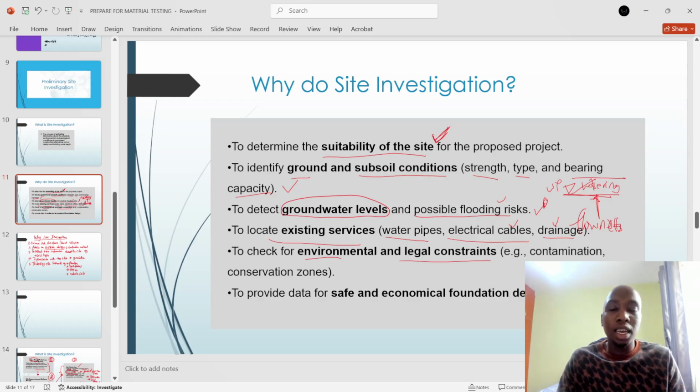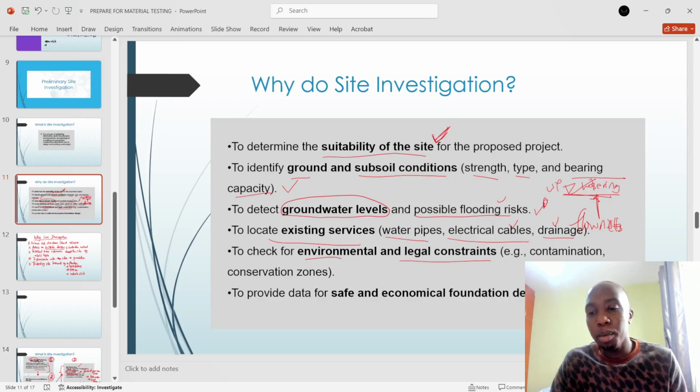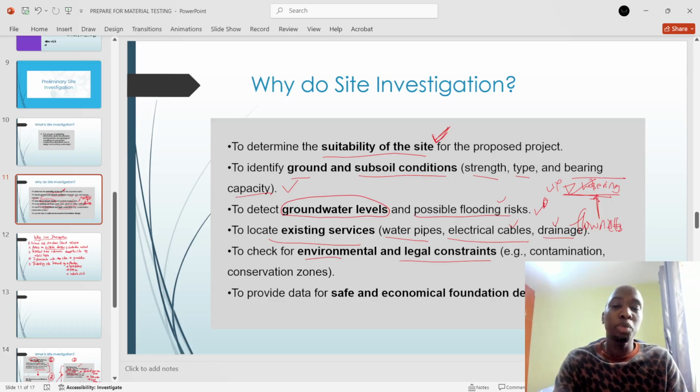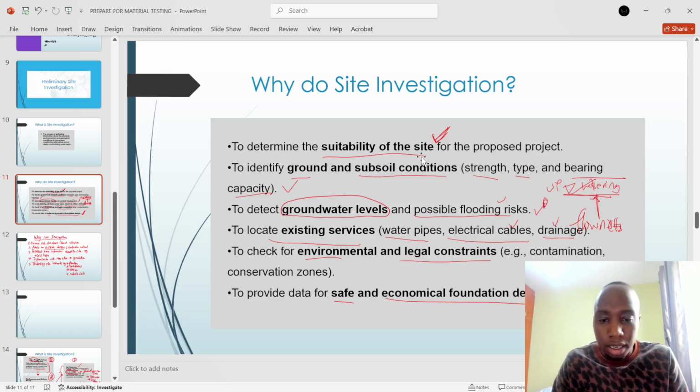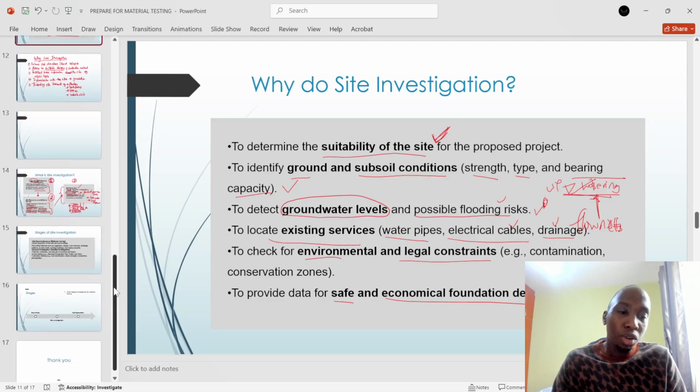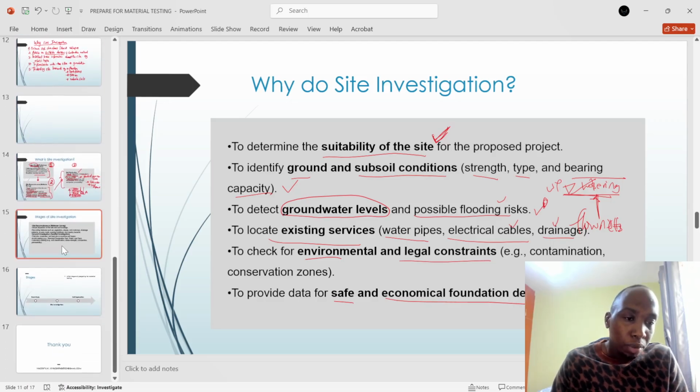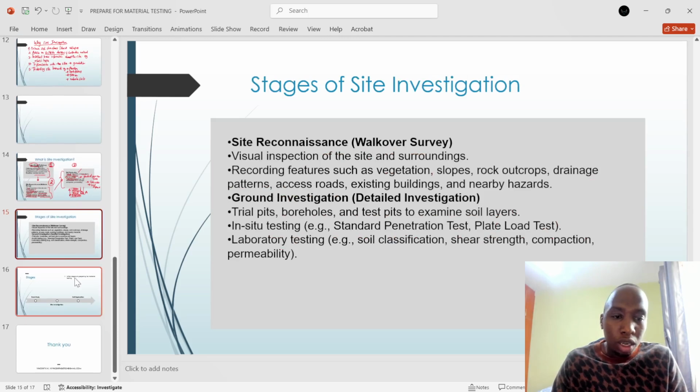For instance, there's an area that says no noise, maybe you should not contaminate, no hunting. Ukiona kuku inapita hapo usishike mguu. So also it provides data for safe and economical foundation design. Exactly. I think Esther told us something like that. So you guys have the points, it's very important for you to know that. Yeah. So we have already talked about that.